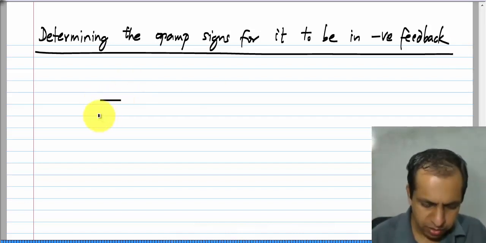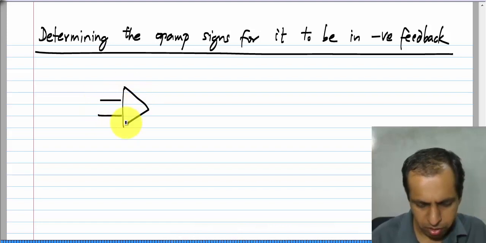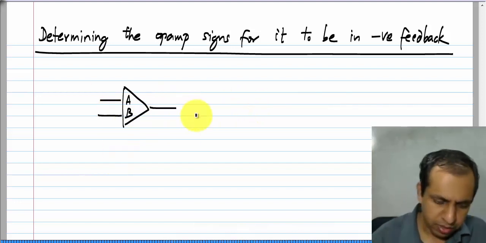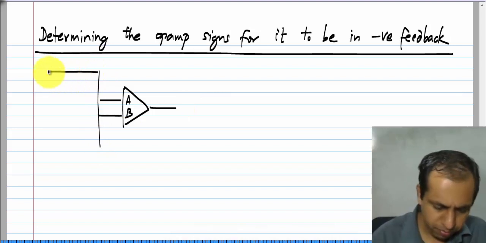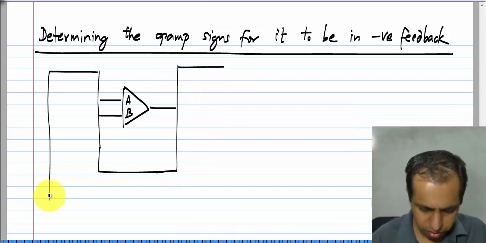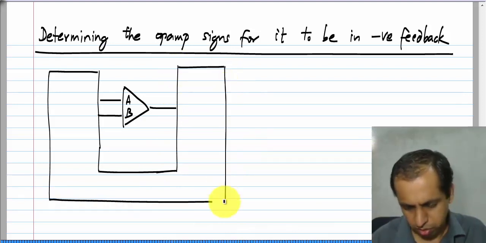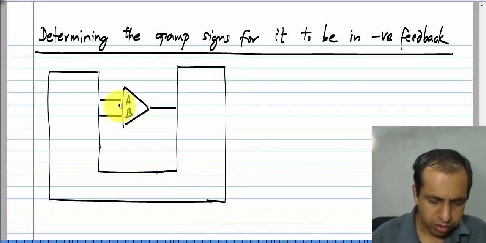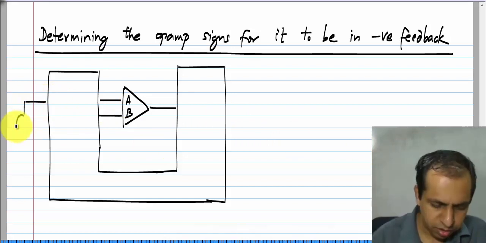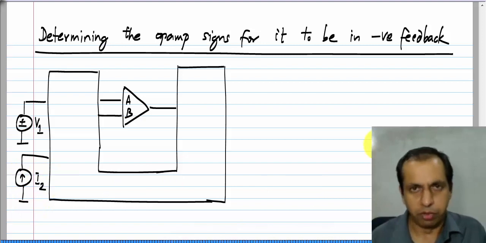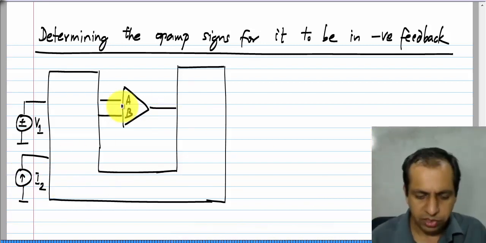So, let us consider the op amp and let me label the terminals A and B instead of plus and minus. And let us say the circuit has a number of inputs. I will show 2 inputs and there could be any number of them, and this is embedded in some circuit.